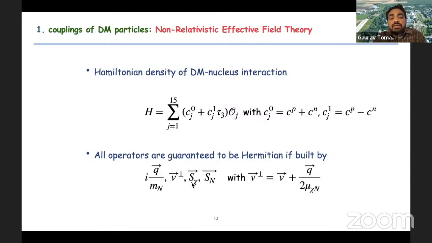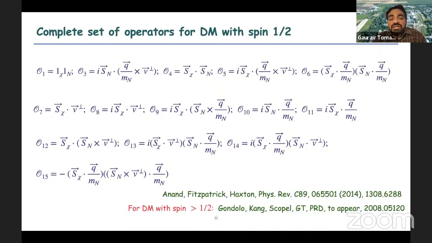They used this 4-vector and found out that there are 14 kinds of interactions possible between dark matter and the standard model particle. Recently, we generalized this idea to arbitrary spin of dark matter. So you can have any spin of dark matter and could perform this kind of analysis.